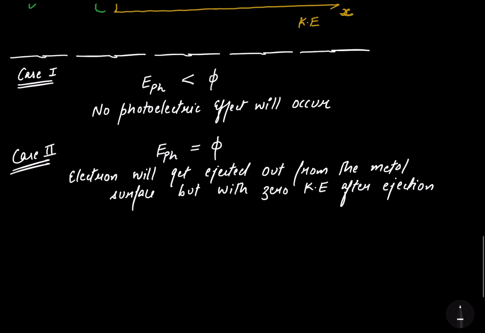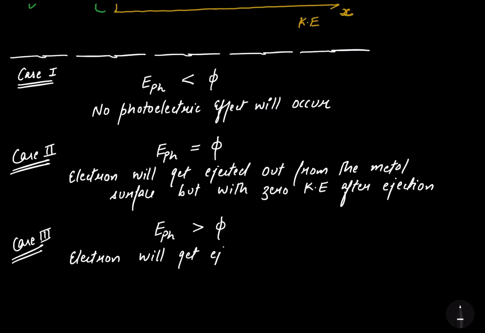Now let's talk about the case number 3. If the energy of photon is greater than work function, then the electron will surely get ejected out, but will also have kinetic energy after ejection.